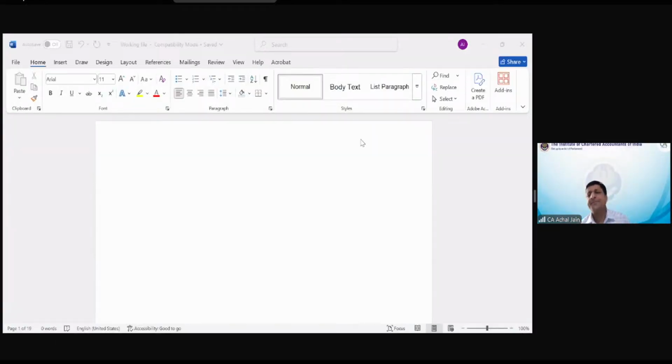Broadly, as regards the audit report, we discussed that it has a fixed structure, or you can say there's a format of the audit report. So anybody can't just go and change the format. In that format, there were various elements that we discussed, and there's a particular order of those elements to be included in the auditor's report.